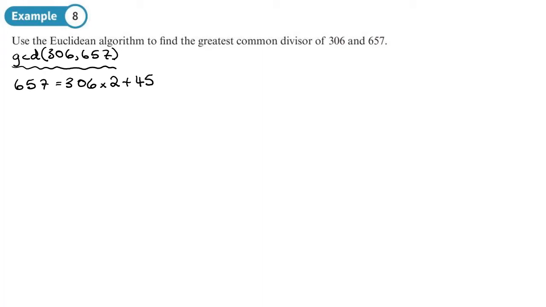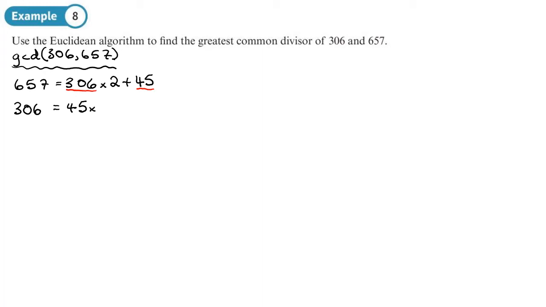Now remember, with this algorithm, these two numbers, we shift across and we do the same thing again. So now we have 306 equals 45 times by something plus a remainder. Now 45, let's see, 45 times 6 is 270.